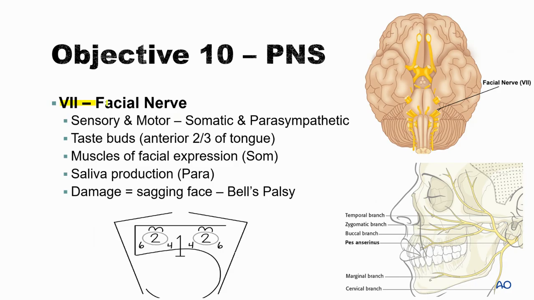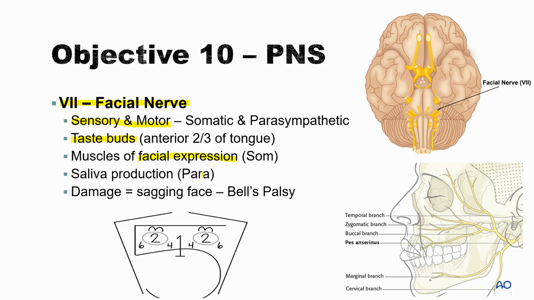All right, number 7 is your facial nerve, okay, and this one, kind of like number 5, that trigeminal, you can see that it goes all around the face. This one is also going to be sensory and motor, and so this is going to contribute to your taste. The front 2/3 portion of your tongue is going to be regulated by the facial nerve. It also is what's going to give you your facial expression.